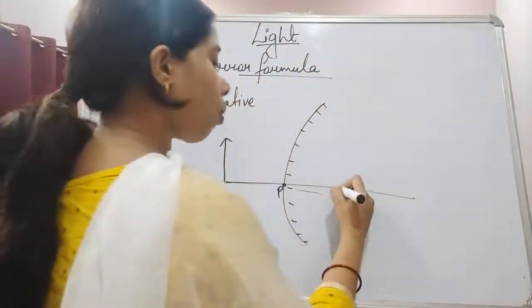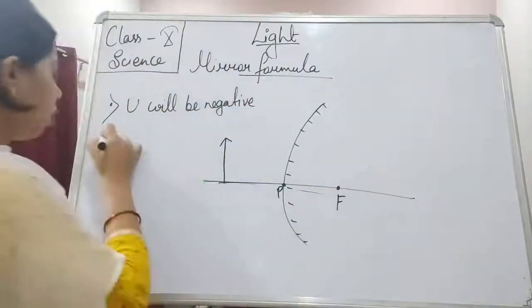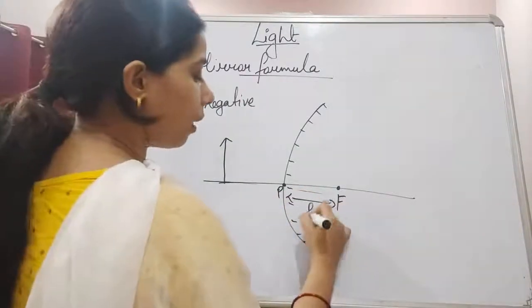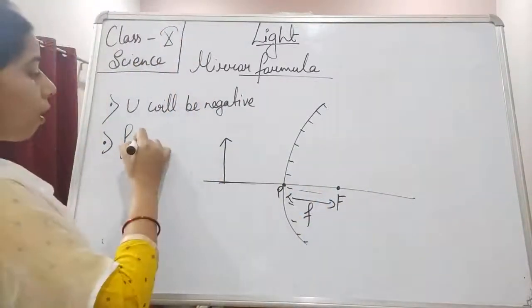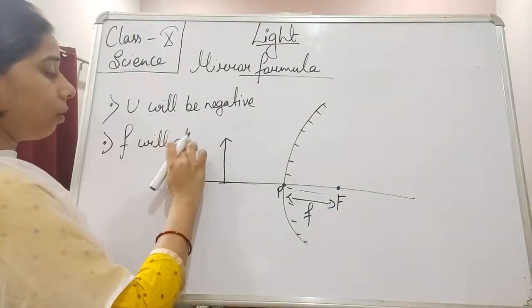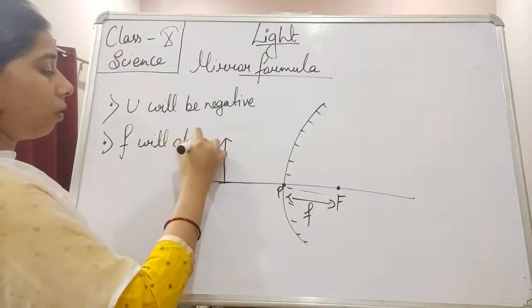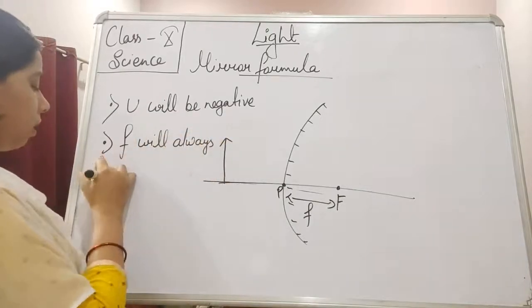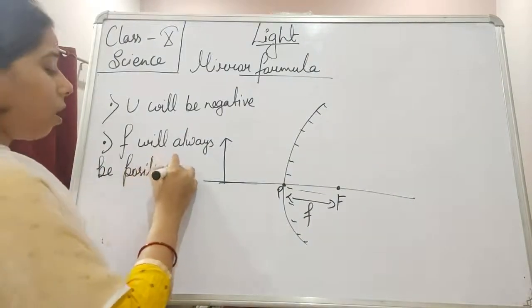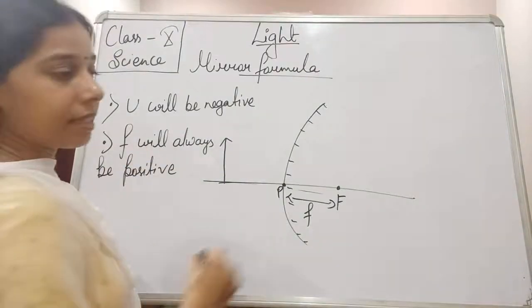Now the focus is always at the right side, so the focal length f, which is pole to focus, will always be positive.